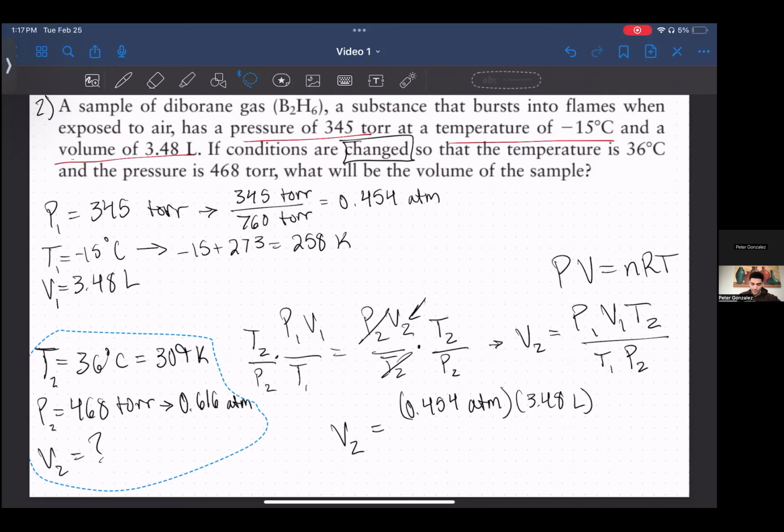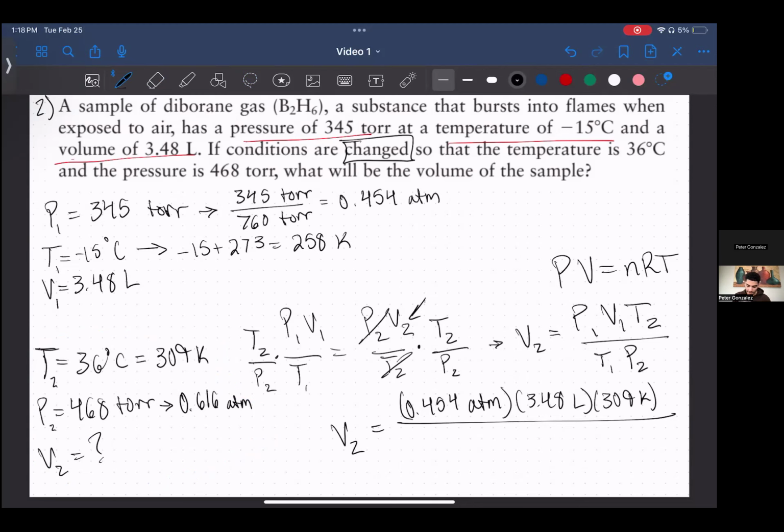Now we have all the information, most importantly, in the right units. So now I can plug in T2 on top, which is 309 Kelvin. And now I take temperature 1, which is 258 Kelvin, and multiply that by pressure 2, which is 0.616 atm.